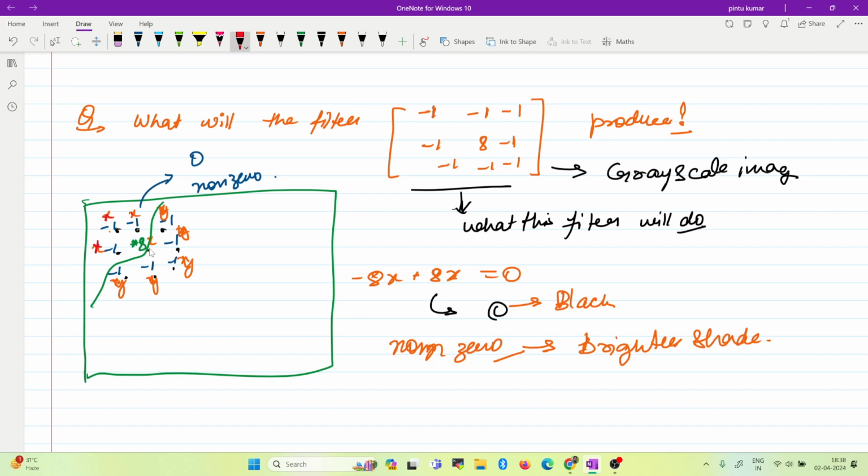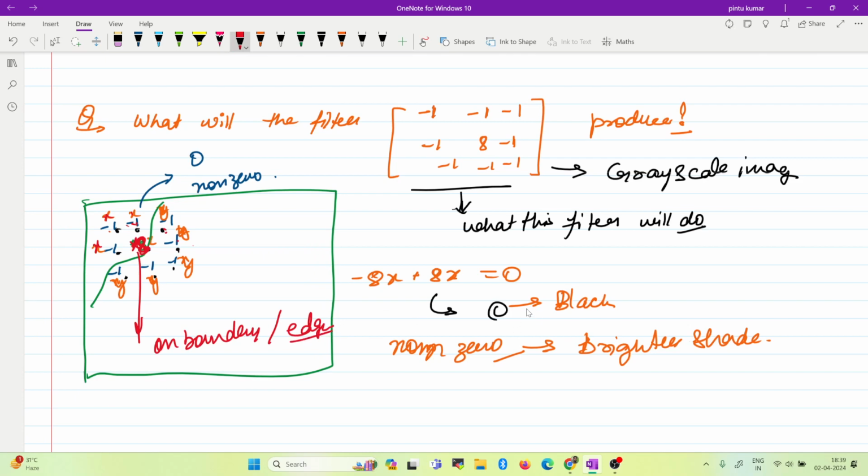So what does this mean? This means that the color is changing over here. Around this particular point, this green 8 point, the color is changing. That would mean that this point is on a boundary or edge.